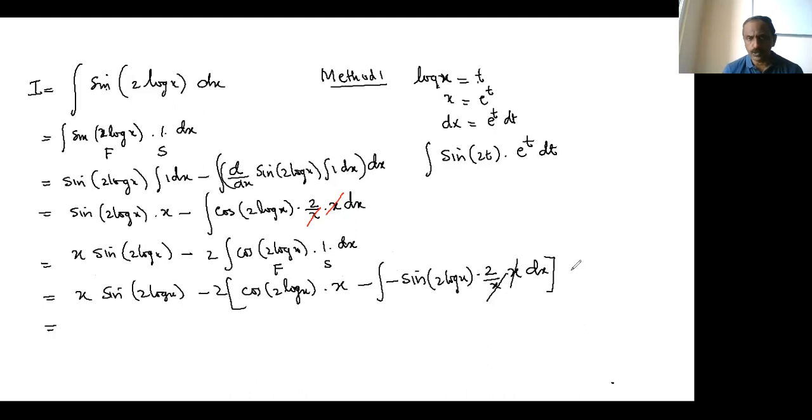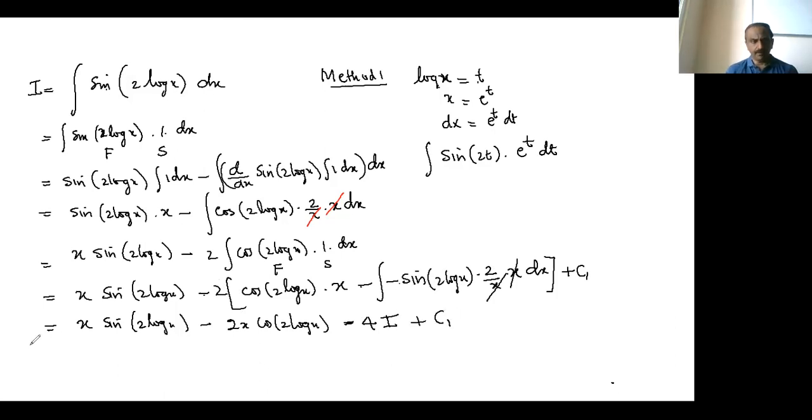Now, when I open this bracket, I can put integral constant C1 here because I completed the integration. So if I open the bracket, I will be getting x sine of 2 log x minus 2x cos of 2 log x. Now, when you open this bracket, 2 into 2 will become 4, minus, minus, minus, and remaining is I plus C1.